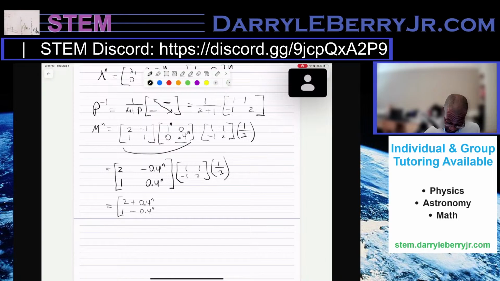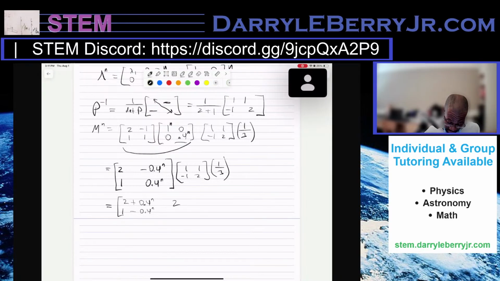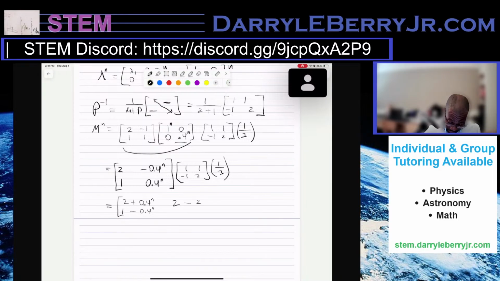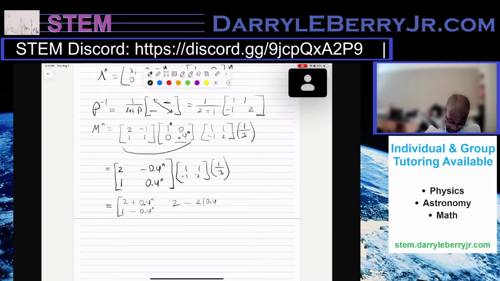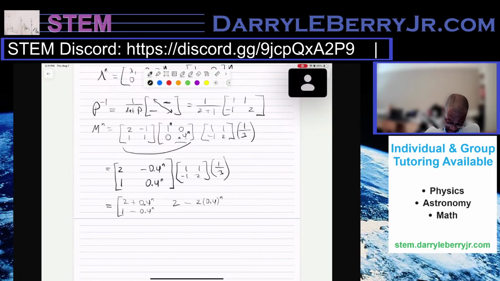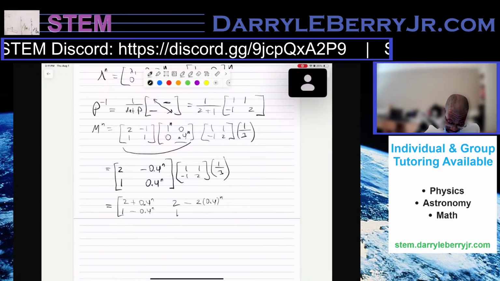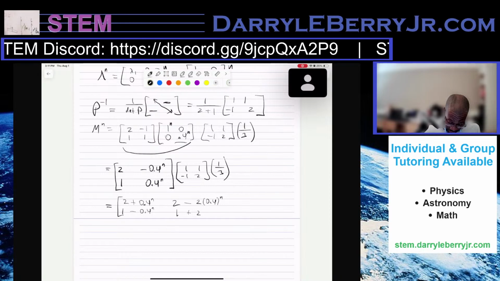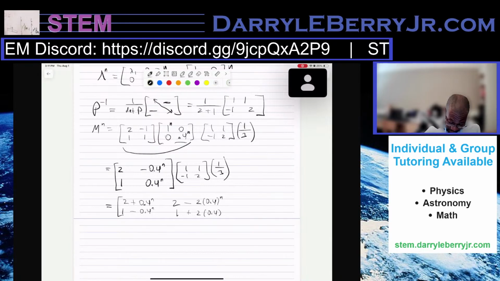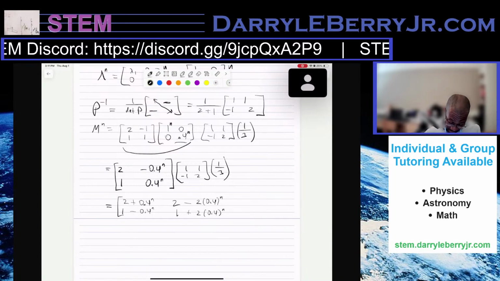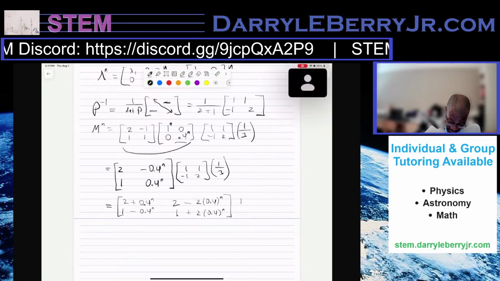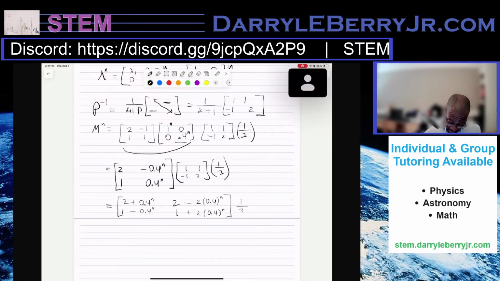And then we're going to have 2 minus 2, 0.4 to the n. And then 1 plus 2, 0.4 to the n. Now that's 1, and then we just have 1/3 on the outside.